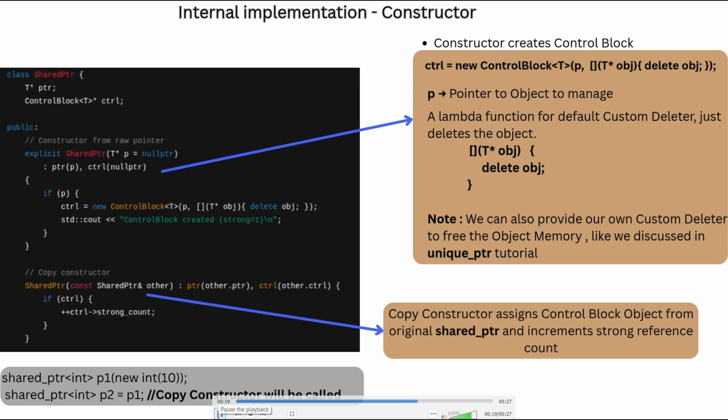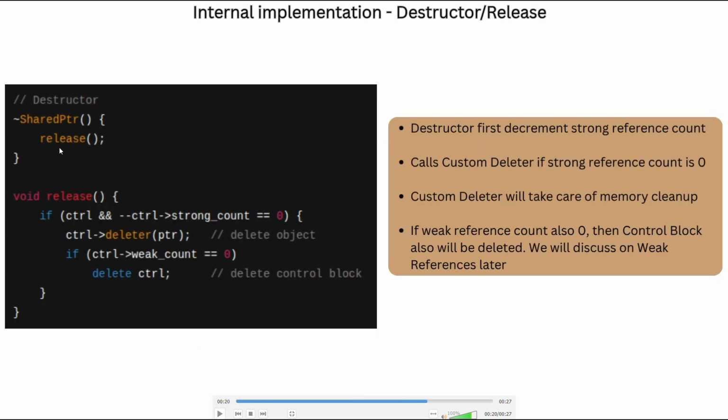If you see the destructor side, the destructor calls the release function. This destructor is generally called whenever a shared pointer goes out of scope or reset is called.